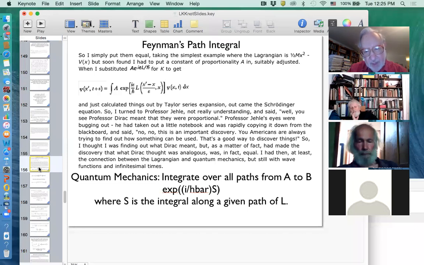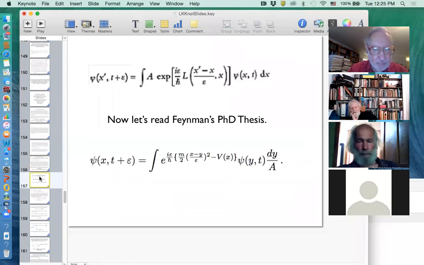So what he ended up finding was that if you integrate over all the paths from A to B of e to the i over h bar times the action, it gives you the amplitude. That's what he found. That he went from this infinitesimal step version to integrating. Well, this is how it looks in his PhD thesis.